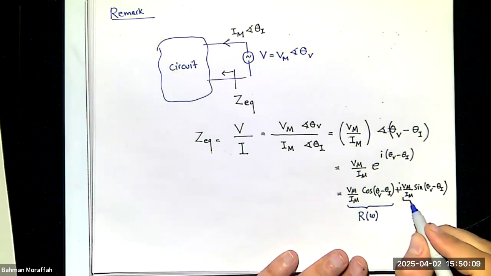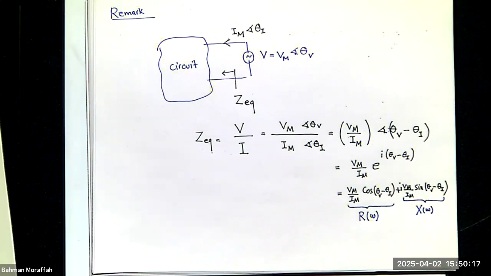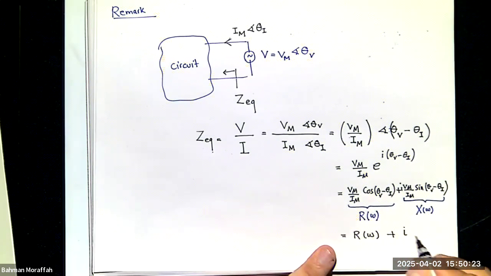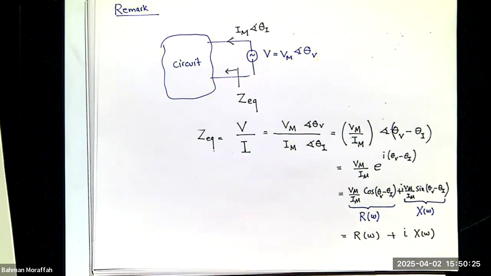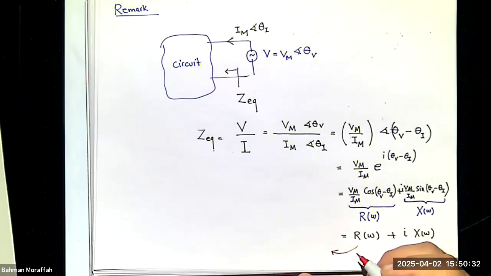Now let's call this portion the imaginary part, and we call it X of omega. So this is basically R(omega) plus i X(omega). The real part of this impedance is called resistance.